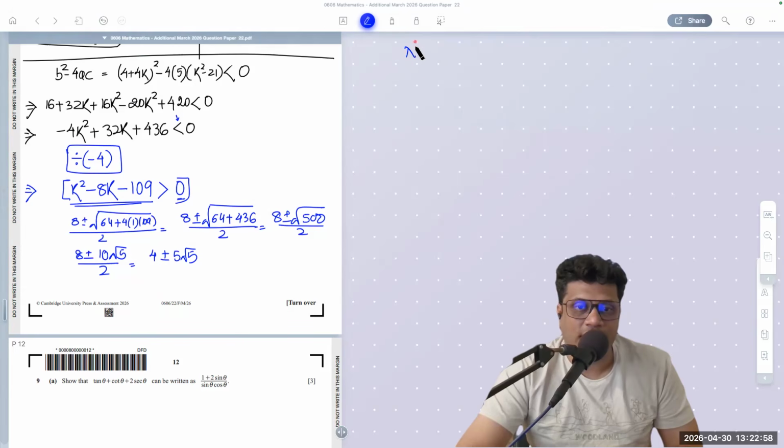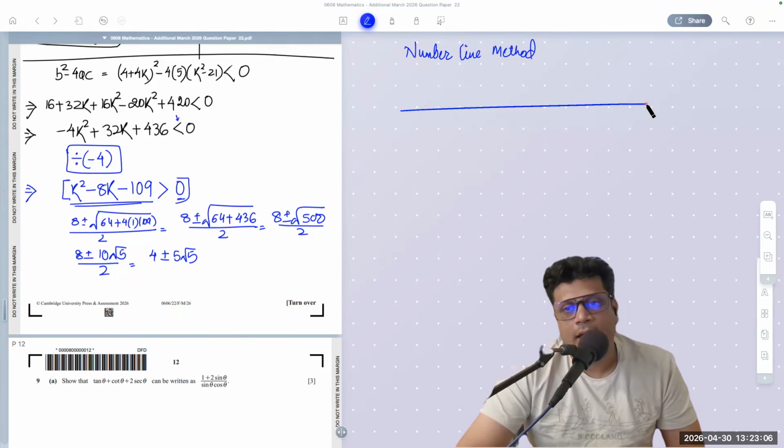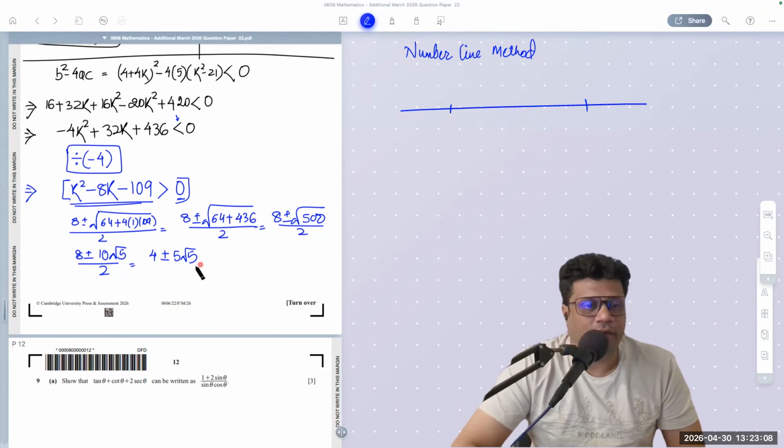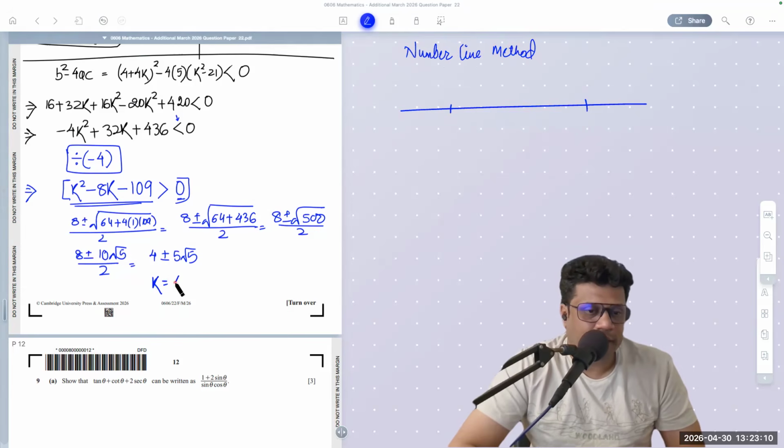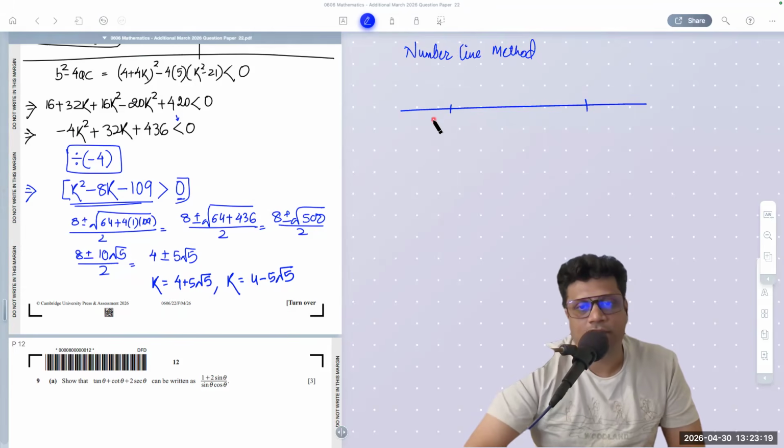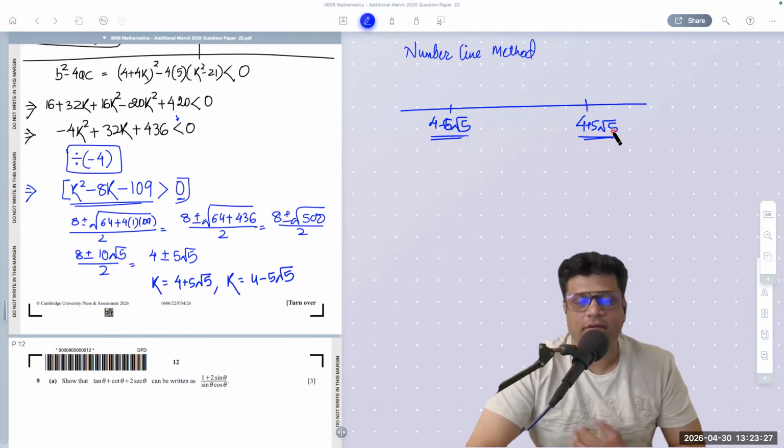I'm going to do the number line method. And there, one k value is 4 plus 5 root 5, and the other k value is 4 minus 5 root 5. I know 4 minus 5 root 5 is negative, and 4 plus 5 root 5 is positive.